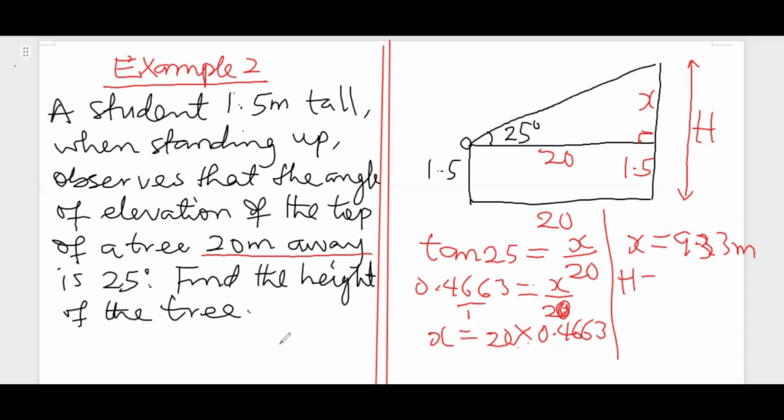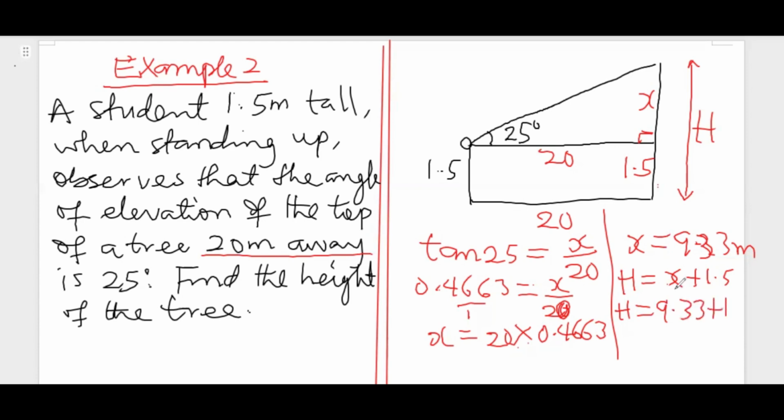So if x is 9.33 meter, then the height of the tree that we have to find, indicated by h here, equals x plus 1.5, as can be seen from the diagram. So we simply come here and say h equals the value of x, which is 9.33.